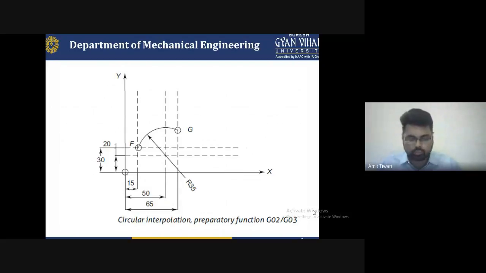This circular interpolation indicates, from the X-axis at 65 mm, 50 mm, and 15 mm, the area to be cut, and the radius from F to G is R35. From the bottom above the reference datum line, 30 degrees and 20 mm have to be measured.